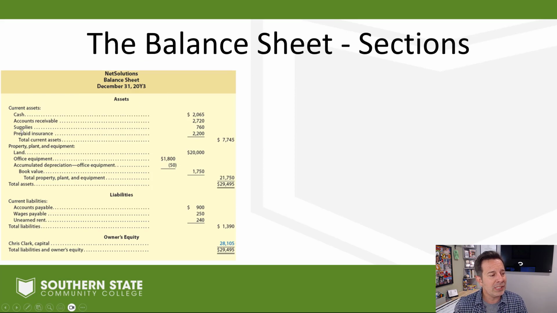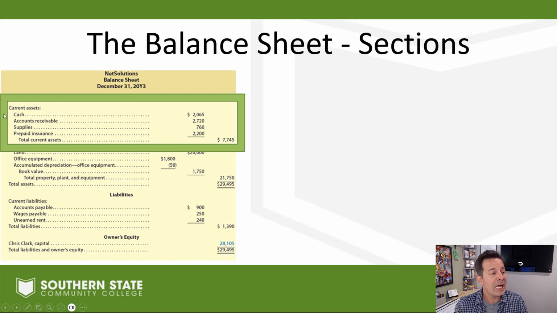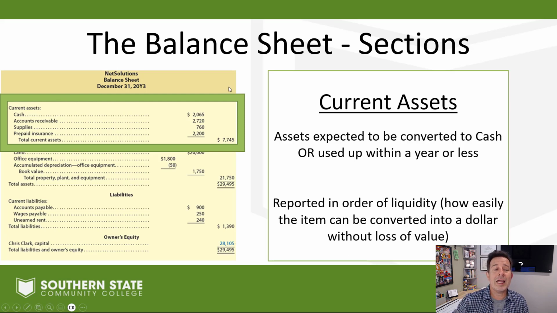So here's my balance sheet. Again, the accounts are thrown in the order that they appear on the trial balance. At the top, we have current assets. Current assets are assets expected to be converted to cash or used up within a year or less. And so you think about cash. Generally speaking, we'll burn through that cash within a year.